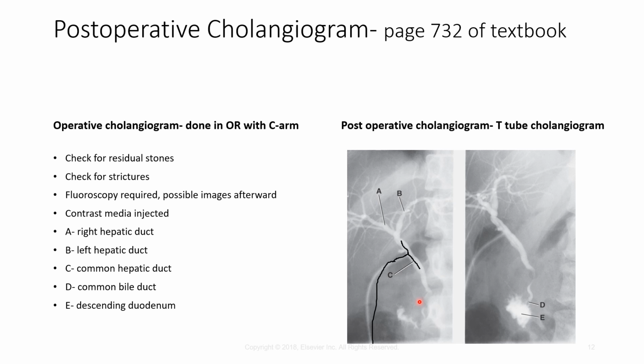And then once everything is satisfactory, that there's flow in both directions and we've got spillage into the duodenum, typically they would just pull that T-tube catheter out and put little steri-strips over the surgical site because this T-tube catheter, you can see it's very small, so it doesn't leave a huge hole in the patient. It tends to heal and close rather quickly.